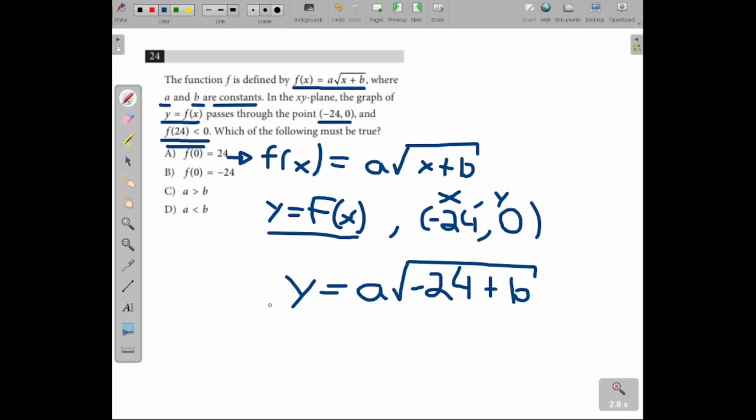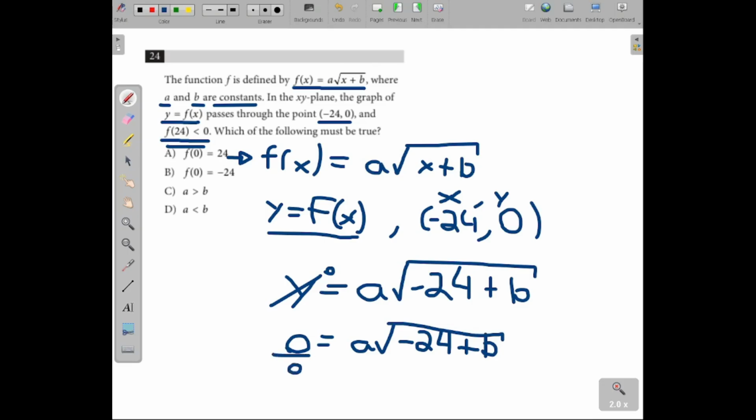Now we know that y is equal to 0, so 0 is equal to a times square root of negative 24 plus b.